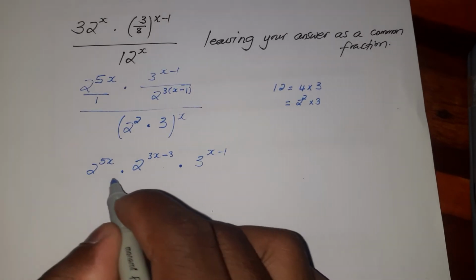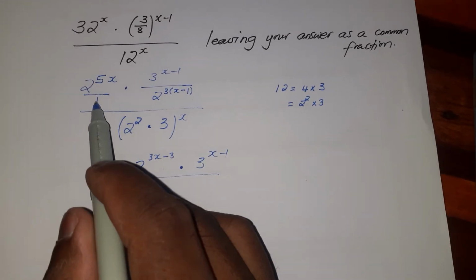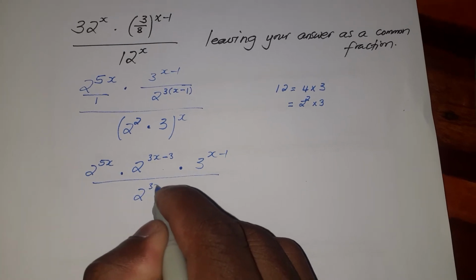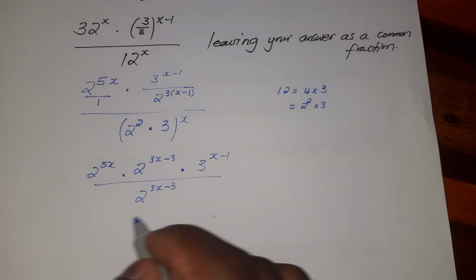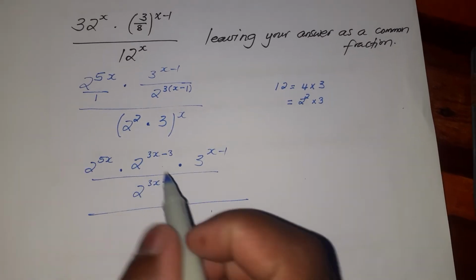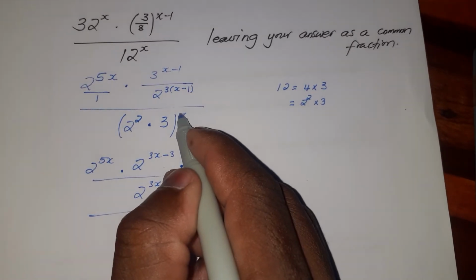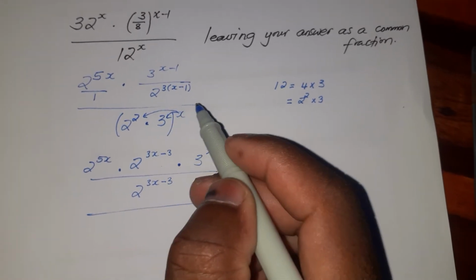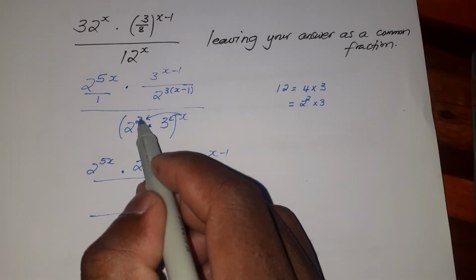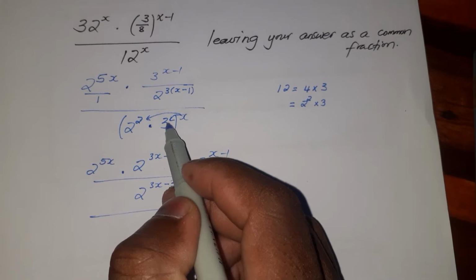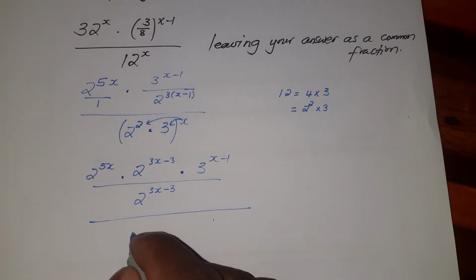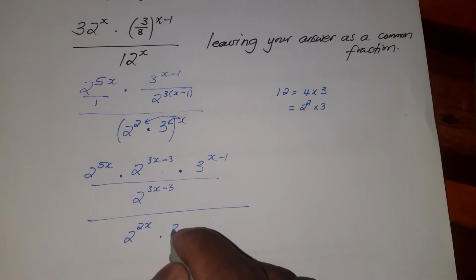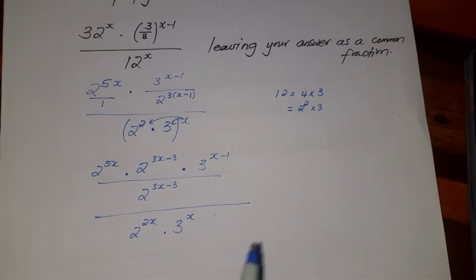Now all this, 1 times that, I just get 2 to the power 3x minus 3, everything over this, and I'm going to multiply the 2 and the x, and then the 3 should be raised to the power x. Then I'll have 2 to the power 2x, and then 3 to the power x.